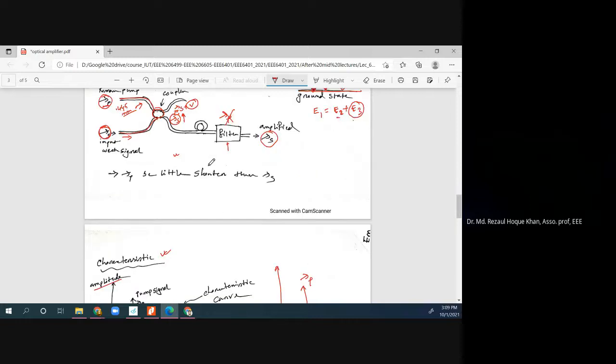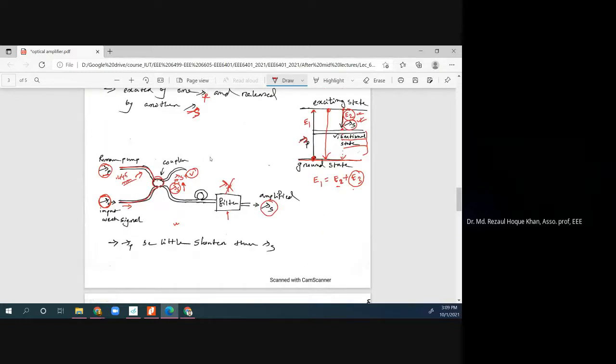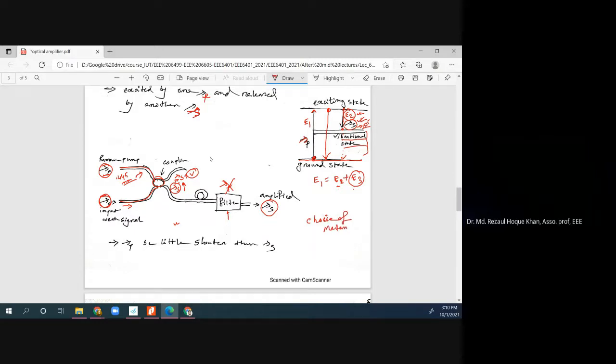How do 1445 and 1535 come about? It depends on the choice of material. This lambda s, which signal will be amplified, depends on the choice of material.